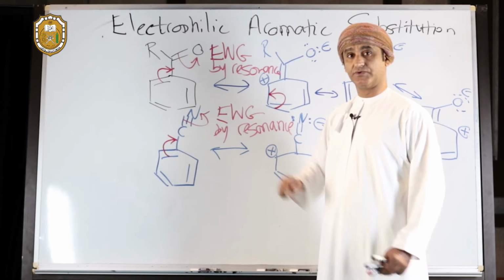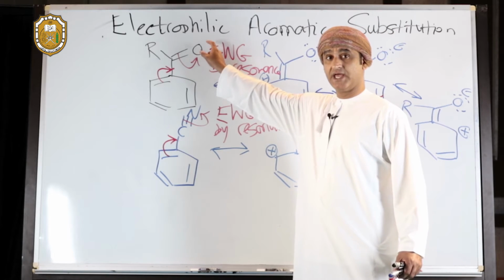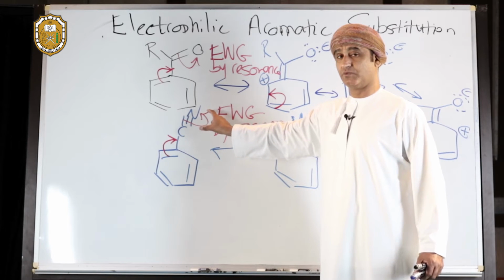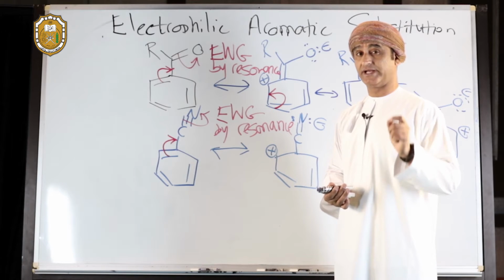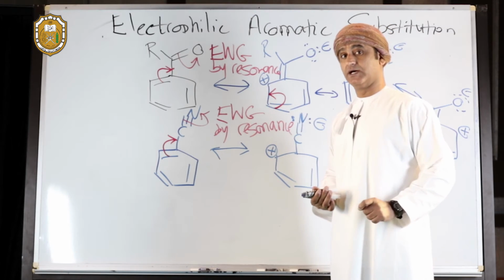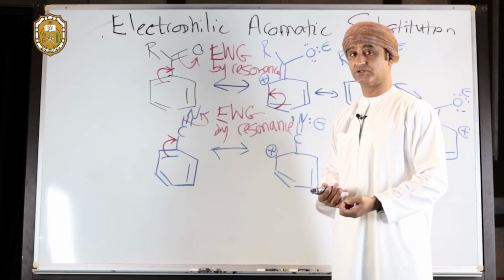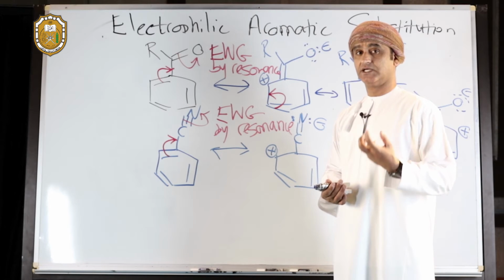Oxygen is more electronegative than carbon, so there is a carbon-oxygen double bond, a carbon-heteroatom double bond. There is a carbon-heteroatom triple bond. In the nitro group, there was a nitrogen-oxygen double bond, a nitrogen-heteroatom double bond. The other heteroatom is more electronegative than nitrogen. So in all of these cases, resonance withdrawal is possible.